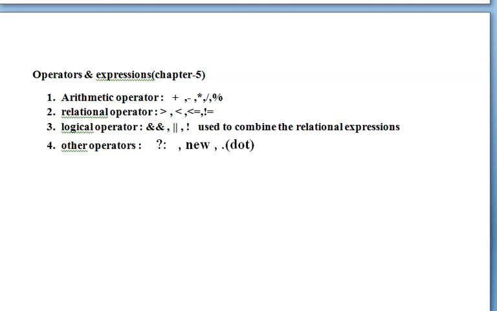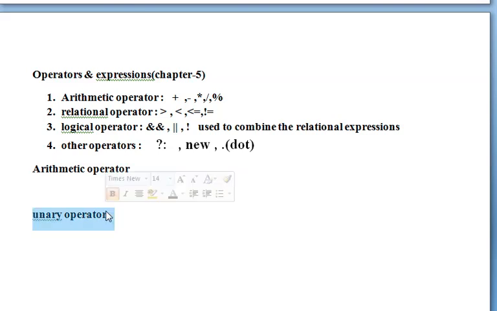First is the arithmetic operator. Coming to the details of it, first operator is the unary operator. Unary means one. So the operator which is having a single operand is the unary operator.